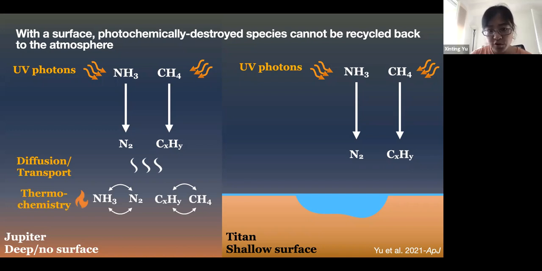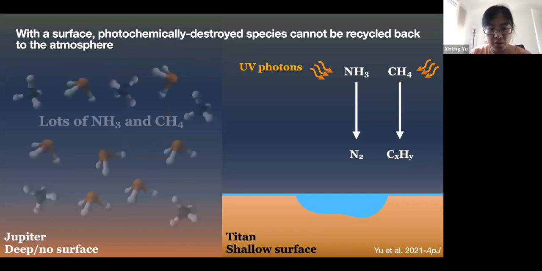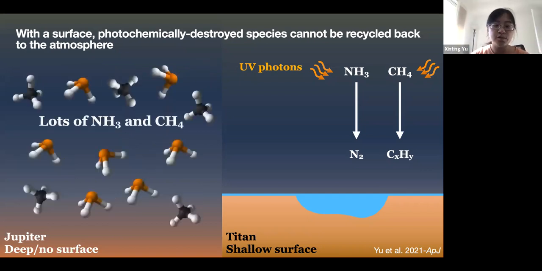And because it's a hydrogen-rich atmosphere, the photochemically formed nitrogen and hydrocarbons will be converted back through thermal chemistry to ammonia and methane. And these two will diffuse upward again. So in the end, it's not surprising that Jupiter still has lots of ammonia and methane. We never questioned their existence.